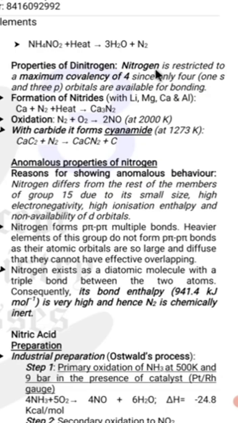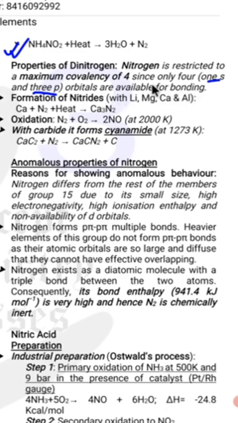Nitrogen is restricted to a maximum covalency of 4. This is very frequently asked in exams, in both CBSE and council exams. The question will be why. The answer is because only 4 orbitals, 1s and 3p orbitals, are available in nitrogen for bonding.